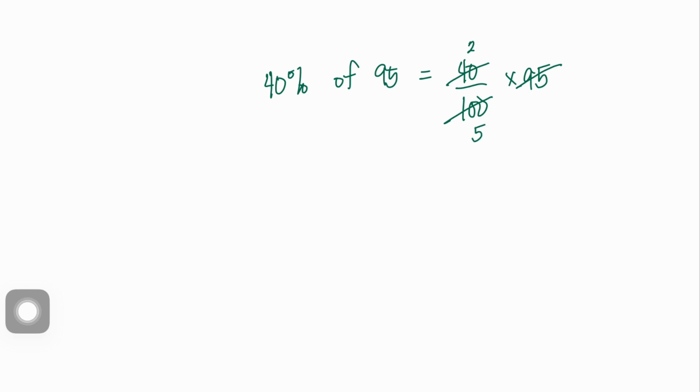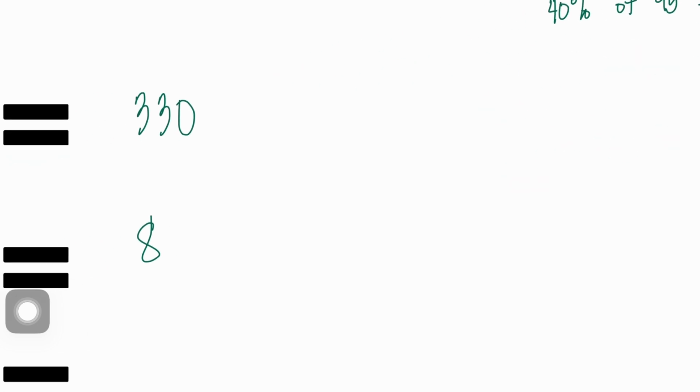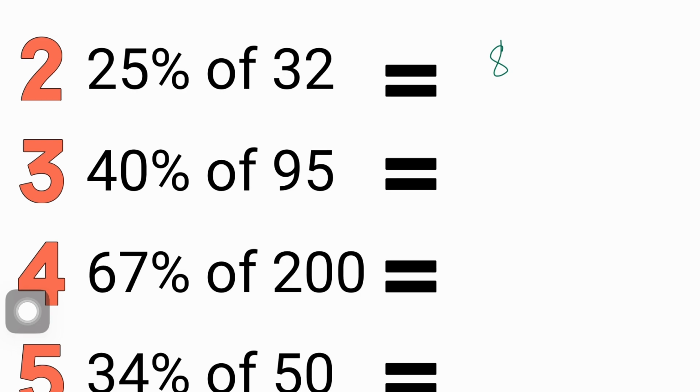Since 5 and 95 are both divisible by 5, we can still cancel this. So 95 divided by 5 is equal to 19. 19 times 2 will give us 38. So that means 40% of 95 is 38.